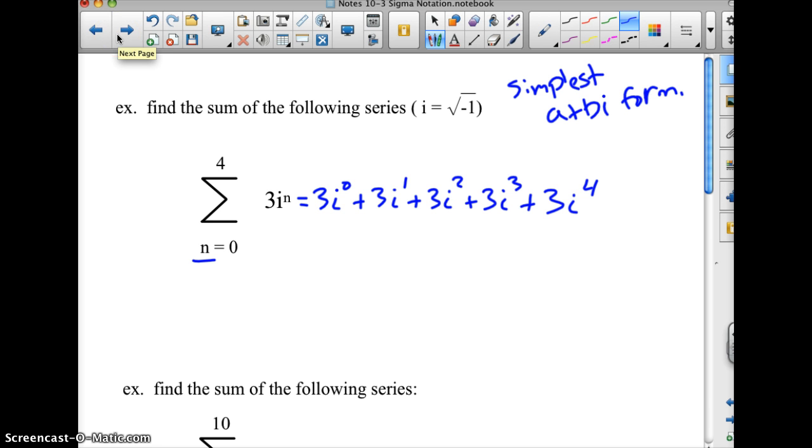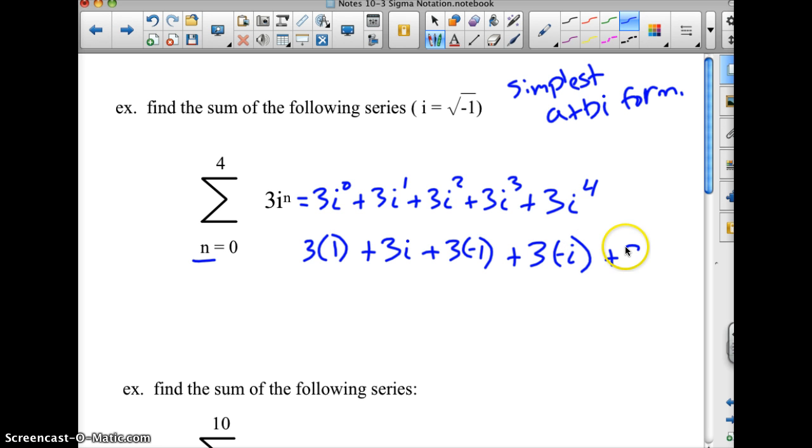All right, well, anything to the 0 power is 1, so that's going to be 3 times 1. And then i to the first power is i, right? And again, we can use the i clock if you like. And then i squared was -1. And then i cubed is -i.